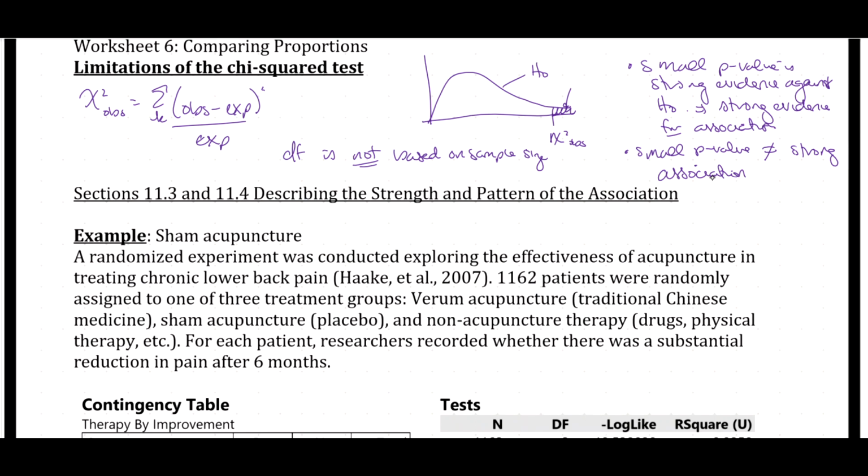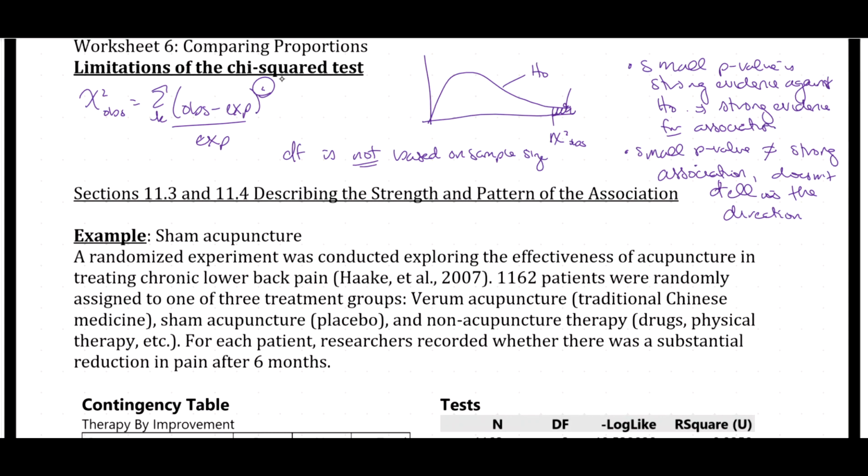But it doesn't necessarily tell us how big the change in our proportions is. It also doesn't tell us the direction. Remember, the chi-squared is based on squared values, so we can't do a two-tailed test.